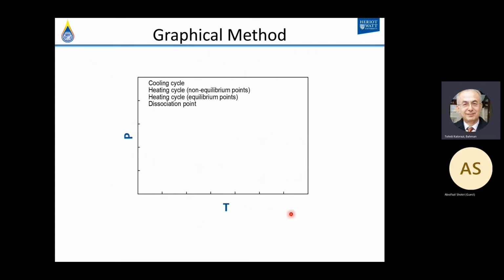So, experimental measurement: here, pressure and temperature, and we cool down the system. Here you see the pressure drop. Initially, the pressure drop is roughly a straight line, because of the volume reduction from temperature change.